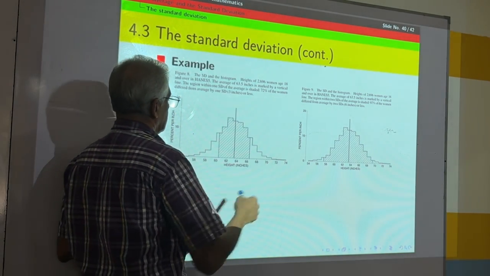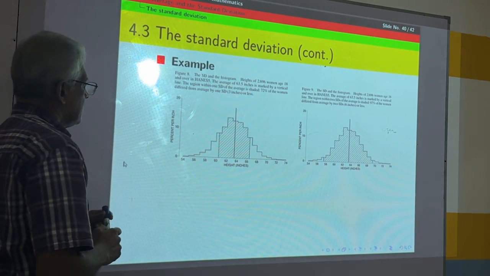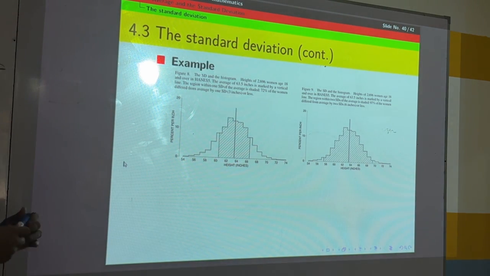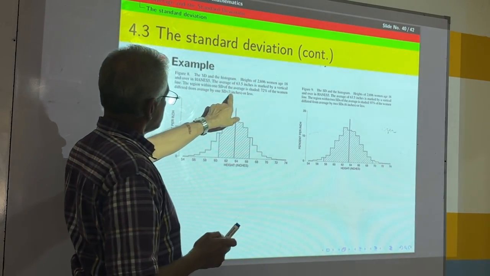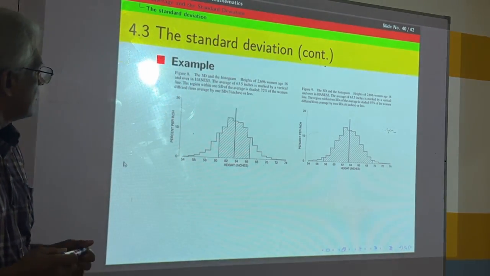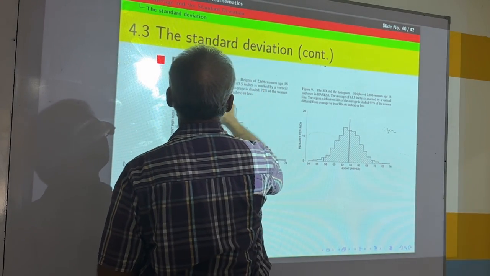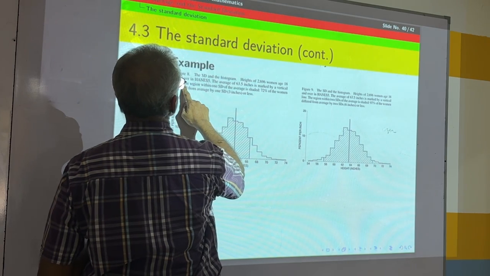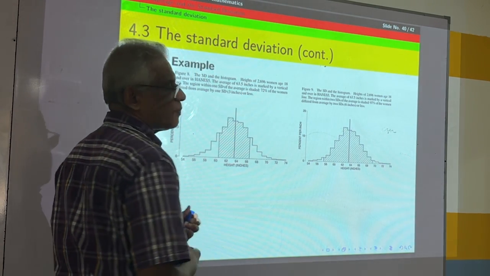Bell shape. And they have marked the mean here, and calculated the standard deviation. The standard deviation was 3 inches. The average was 63.5.